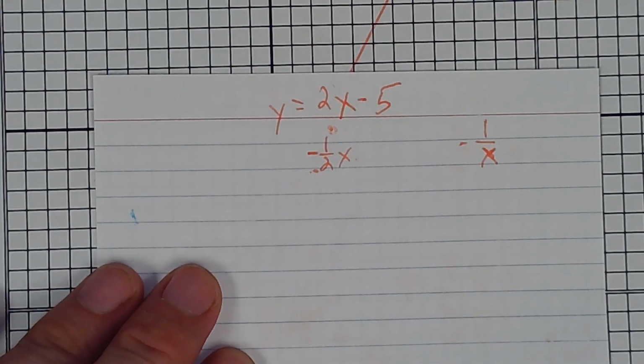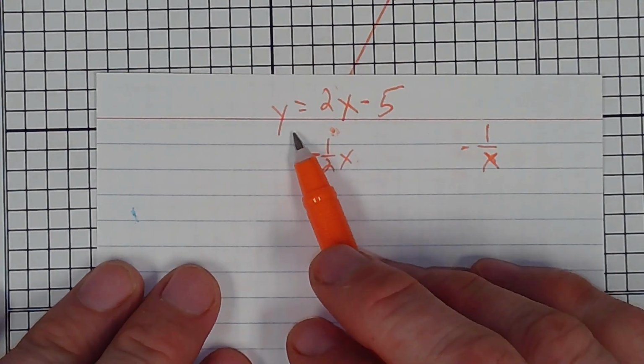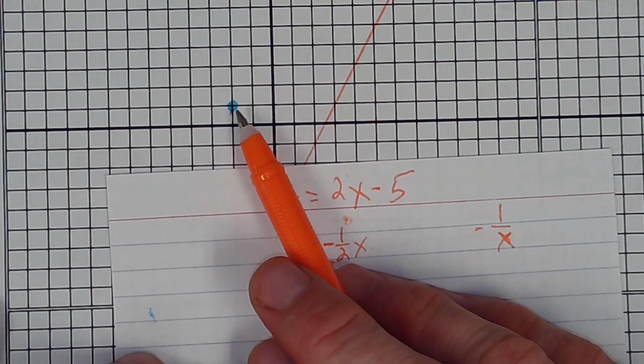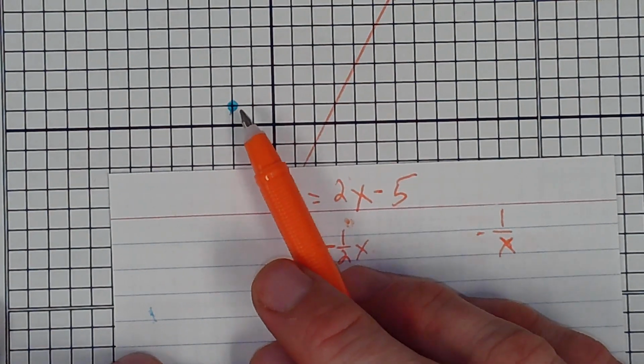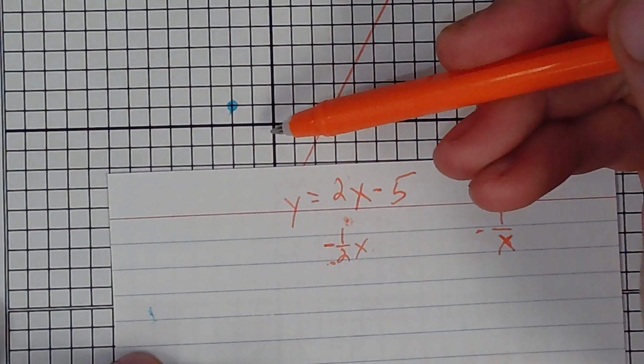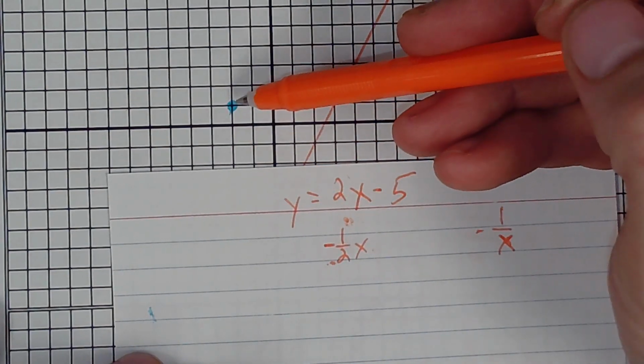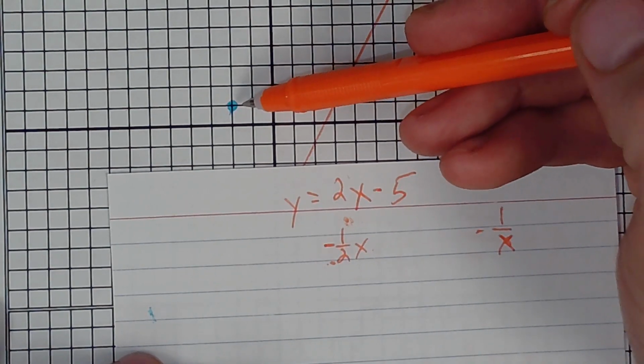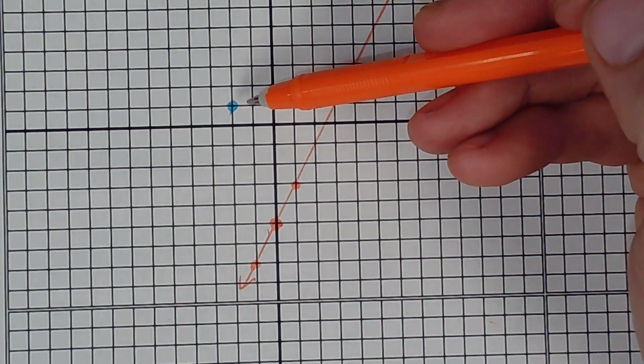So what else do I need to know? Well, I know that this has to intercept y at my center point. So when my y value is the center point's y value, y has to equal that center point value.